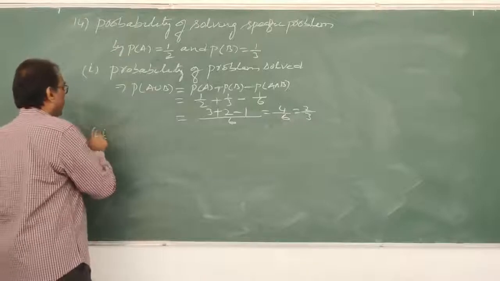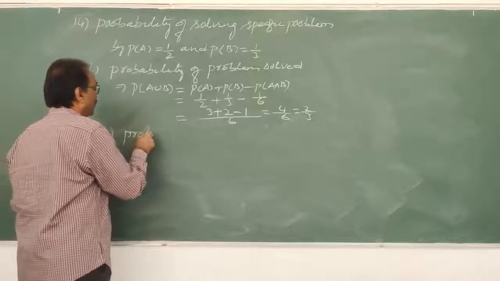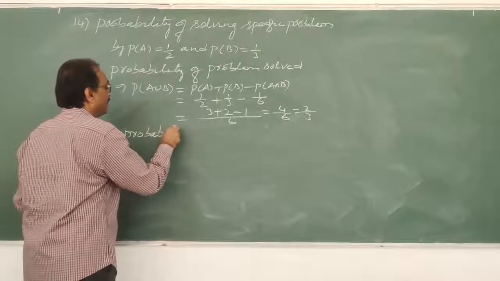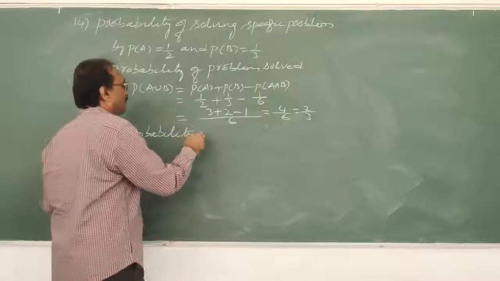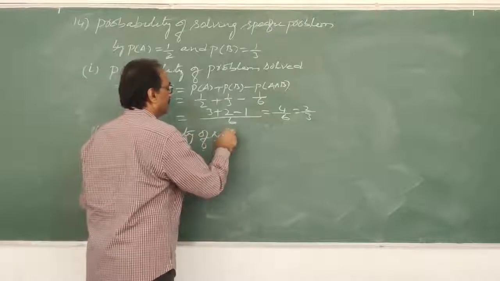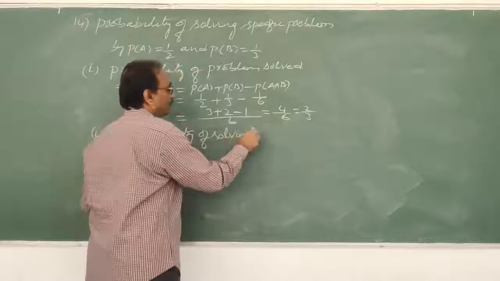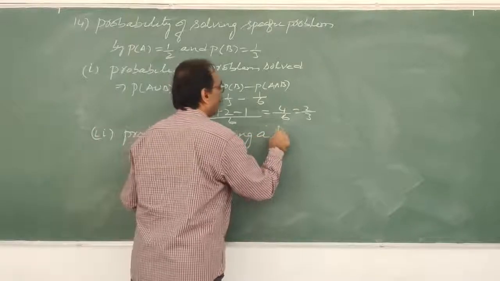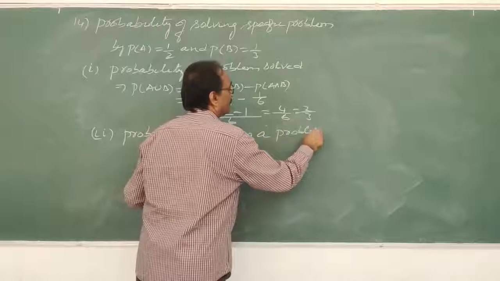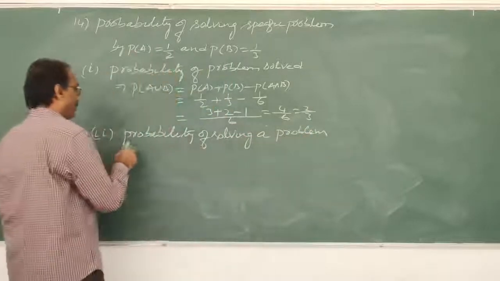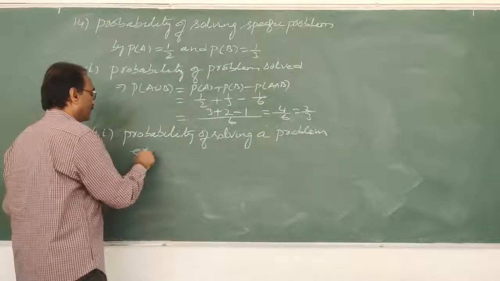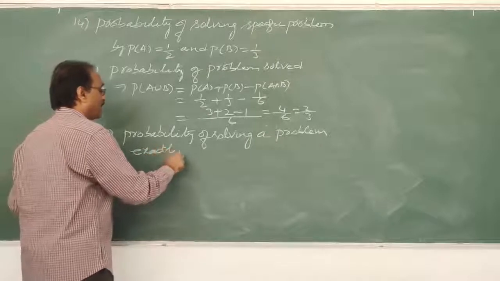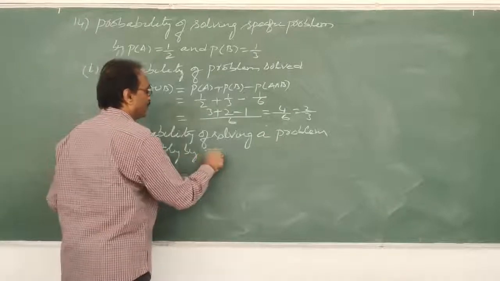Second bit: probability of solving a problem exactly by one of them.